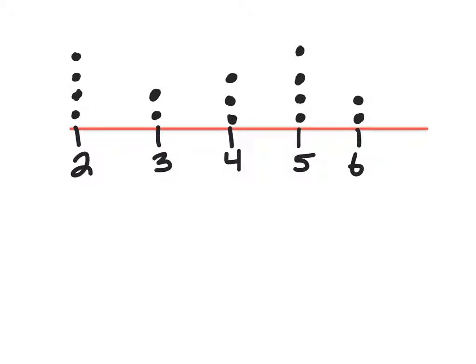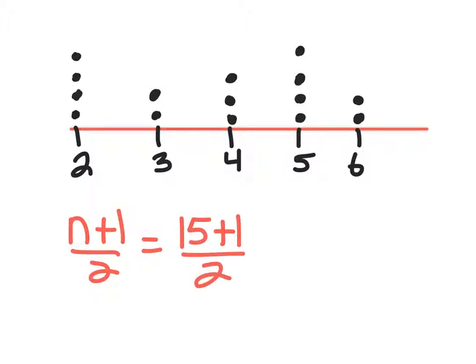Now let's use a dot plot and find the median using the same method. I have 15 pieces of data, so I'm going to use my formula, n plus 1 divided by 2. So I have 15 pieces of data plus 1 divided by 2, which gives me 8, which again represents the 8th piece of data.